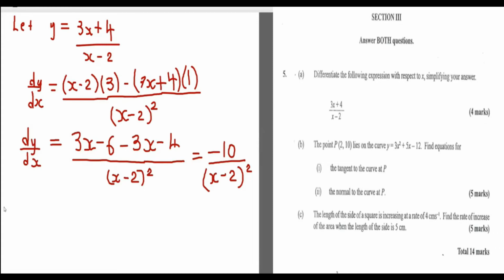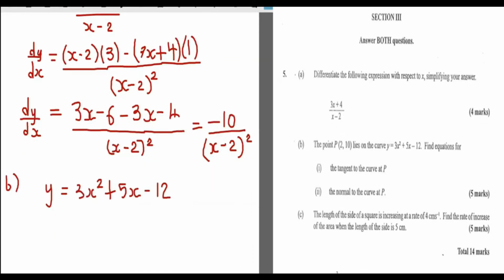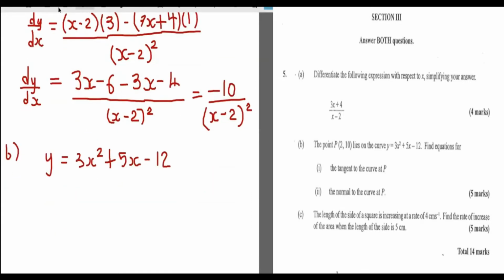So for part 2, which is part B, it is telling us that y is equal to 3x squared plus 5x minus 12. That is y.